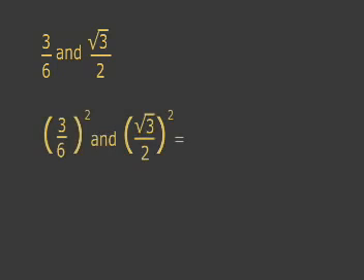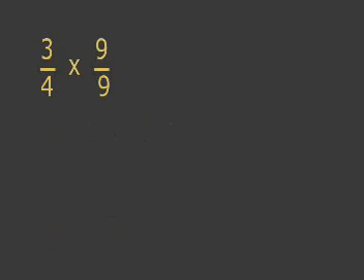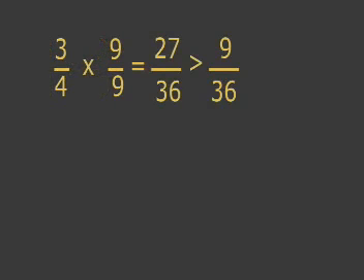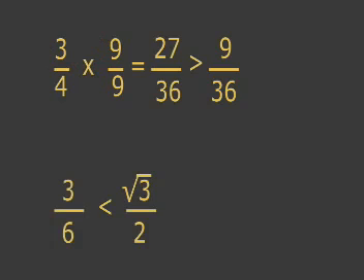If we square each fraction, we get 9 over 36 and 3 over 4. We convert 3 over 4 to 27 over 36 so that we can compare the numbers with the same denominator. Now we can see that 3 over 6 is less than the square root of 3 over 2.